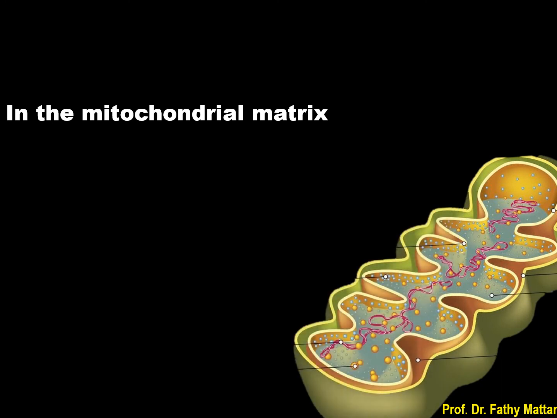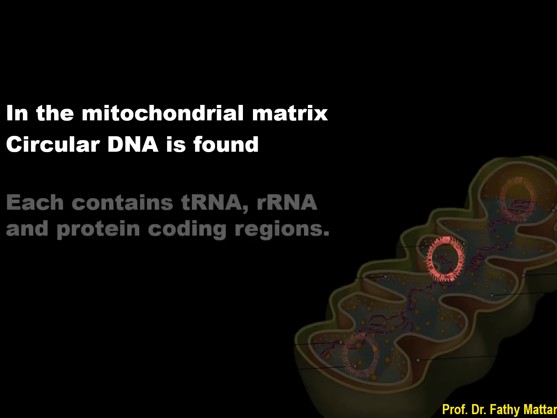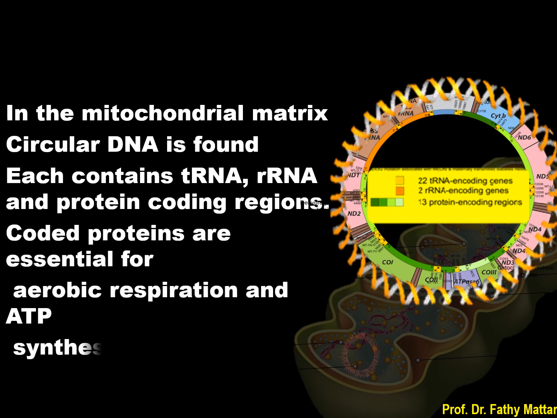But we know that the mitochondria contains in its matrix circular DNA. Although this circular DNA has a small number of genes, which are expressed in the formation of tRNA and ribosomal RNA, and some of the genes necessary for formation of ATP, any mutation in these genes will affect the formation of ATP and the formation of energy.